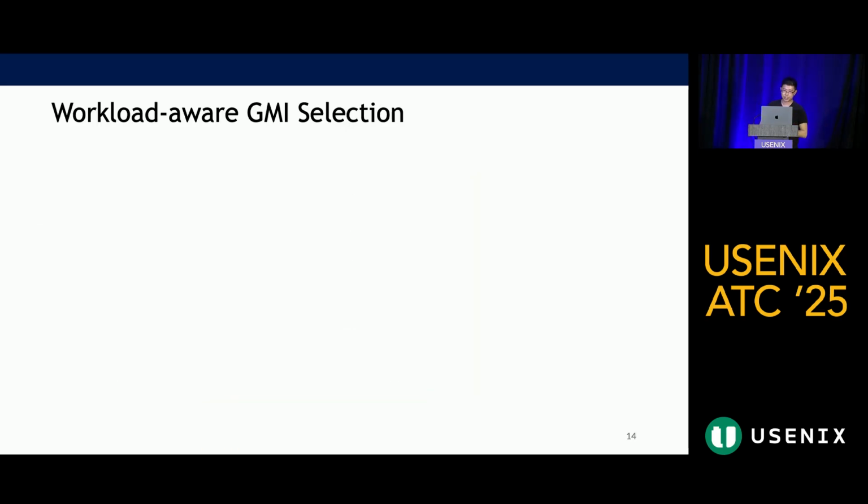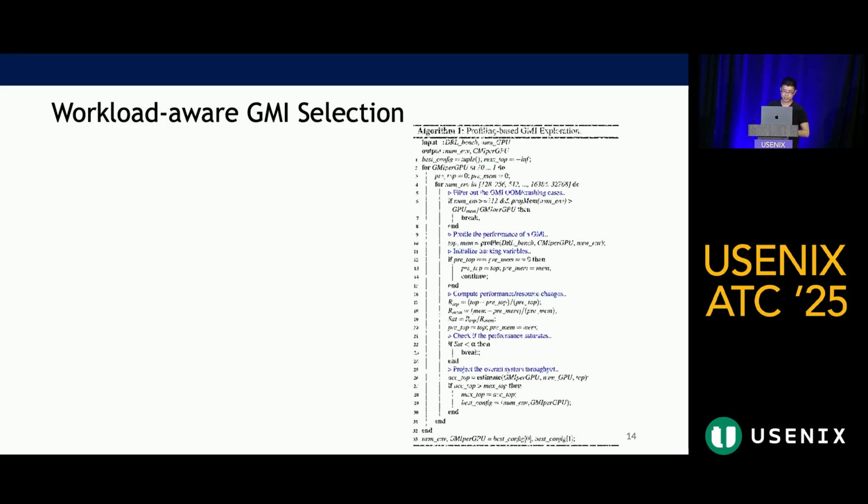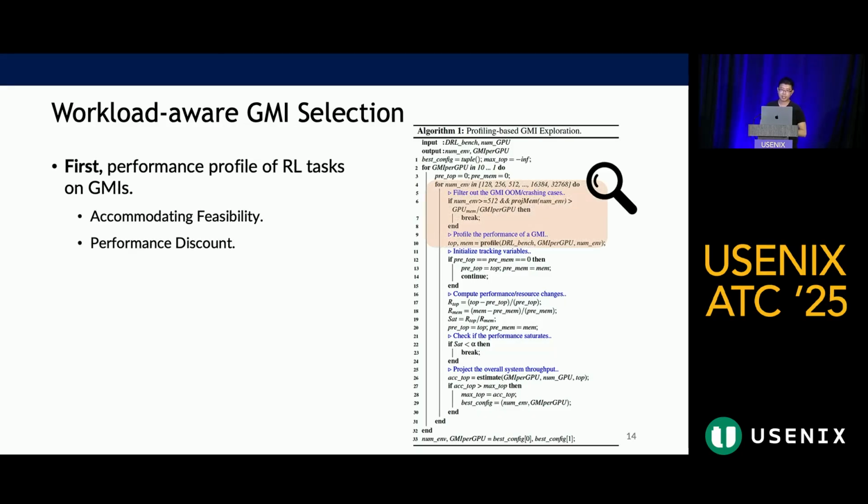Our current solution is to perform workload-aware instance selection. Here is the overall algorithm, but we want to highlight the key steps in this process. Firstly, we want to know what computation or resources can actually fit or not fit in these instances, in the workload matching process. Essentially, we want to accommodate different workloads, as well as consider what performance we can get.